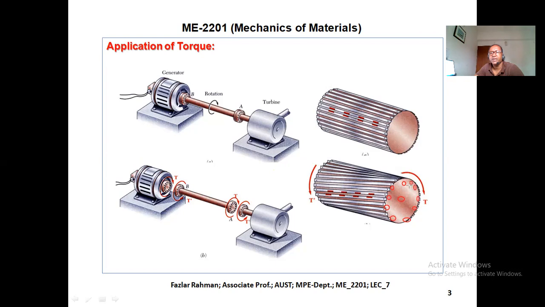That means the outer ones will experience more shear stress and the inner ones will experience less shear stress. Similarly, a shaft you can imagine has a million fibers attached together with a rubber band to make a round shaft.